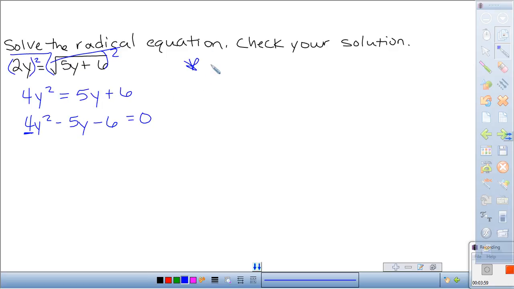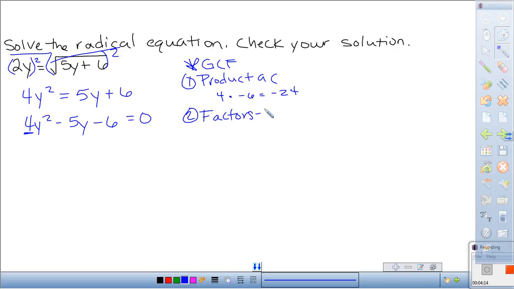First we want to look, is there a GCF? Not for 4, 5, and 6, so we want to find the product of AC, which is 4 times -6, -24. Then find the factors of -24 that add to B, so the sum of -5.